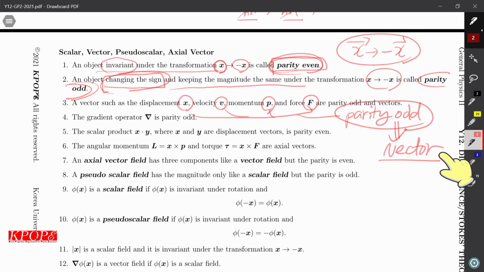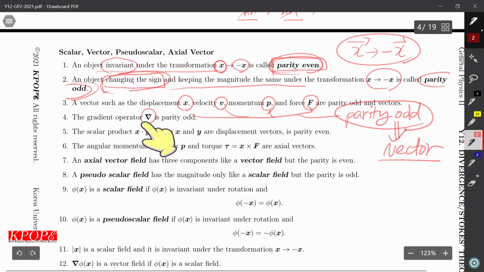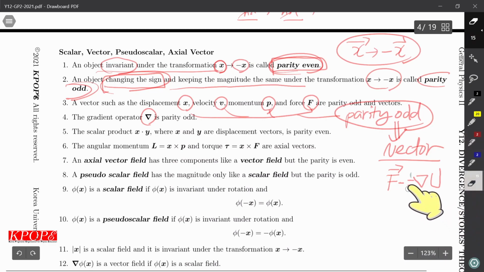In addition, the gradient operator: we remember that minus the gradient of potential energy is the conservative force.